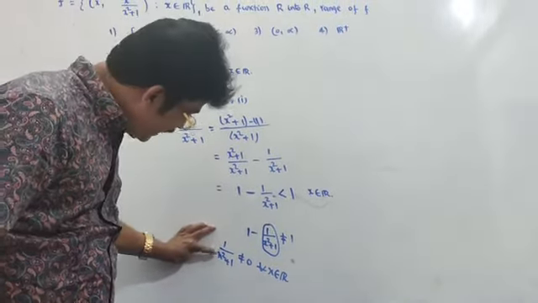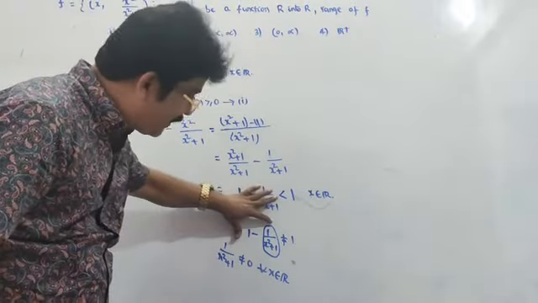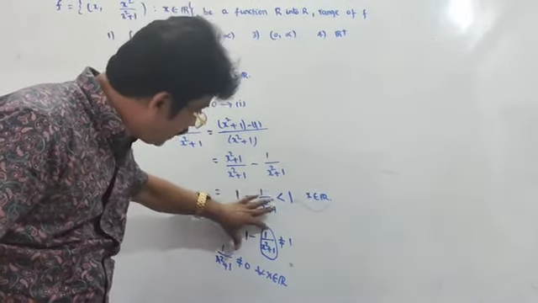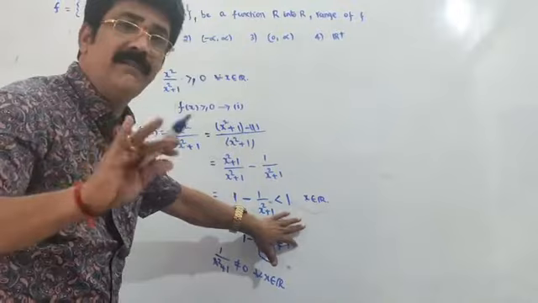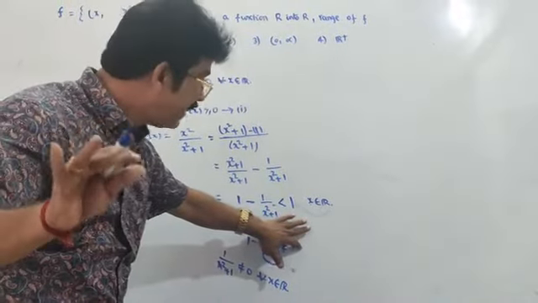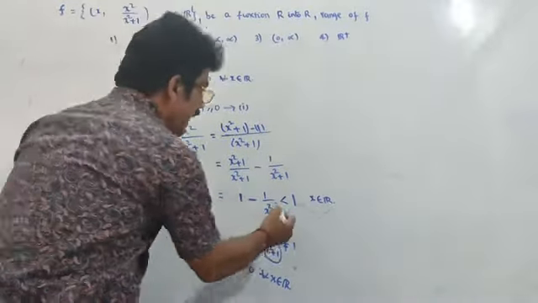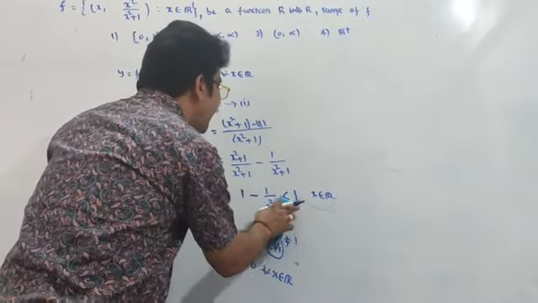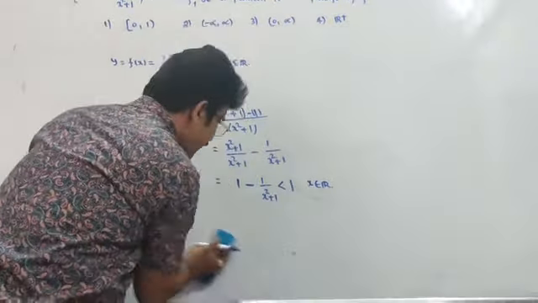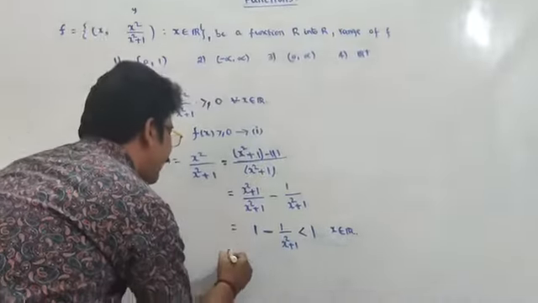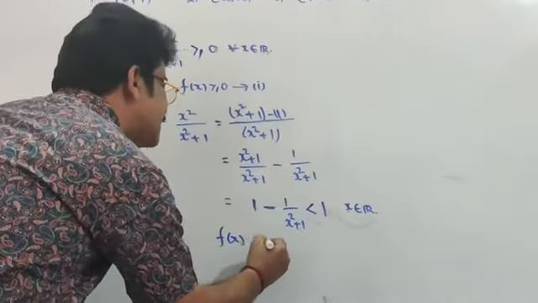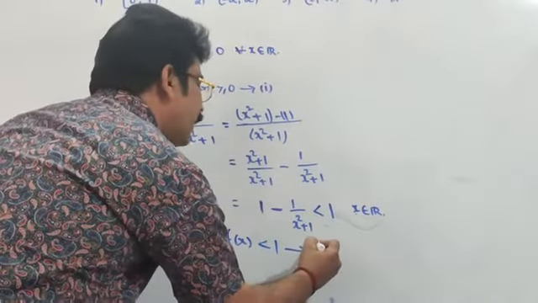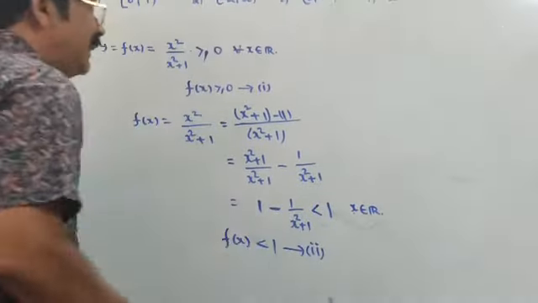If it were equal to 0, then only 1 minus 0 equals 1. So it never becomes 1 for all x belongs to R. That's why I didn't write like that. So therefore, finally, f of x is less than 1. So we have the second statement.